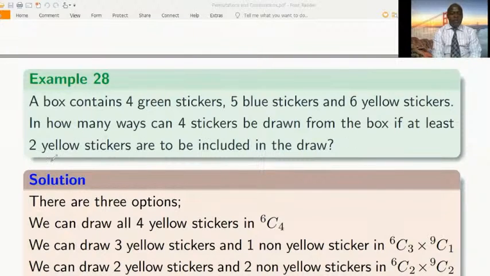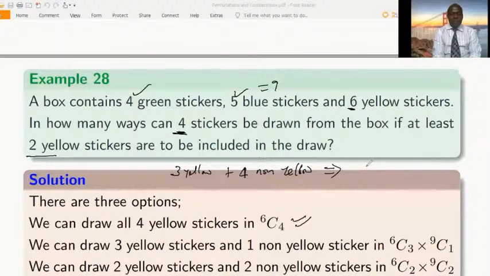We need at least 2 yellow, and we want to draw 4 stickers. So the first option is 3 yellow out of the 6, and I also want to select 1 non-yellow out of the 9 non-yellow. You can do this combination and this combination. That's what I have.